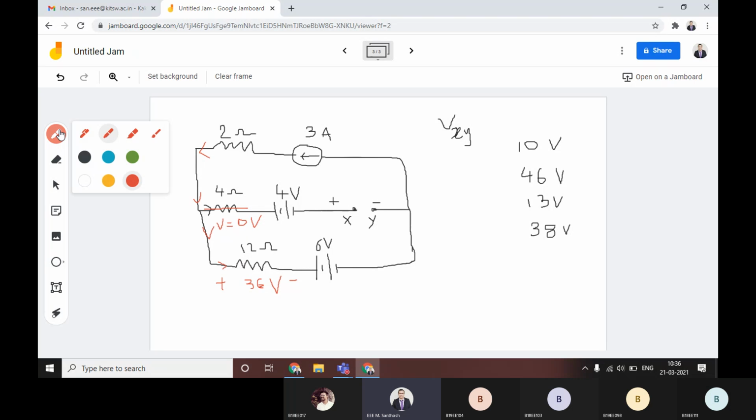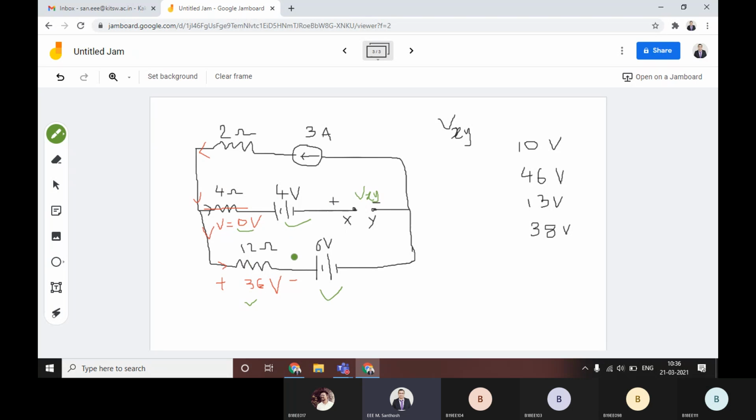Then, if you take an equation in this loop particularly, if you write the loop equation, you will get the value of Vxy. Why do you have to write the loop equation? To find the value of Vxy. Because you have this voltage, this voltage, and this voltage.